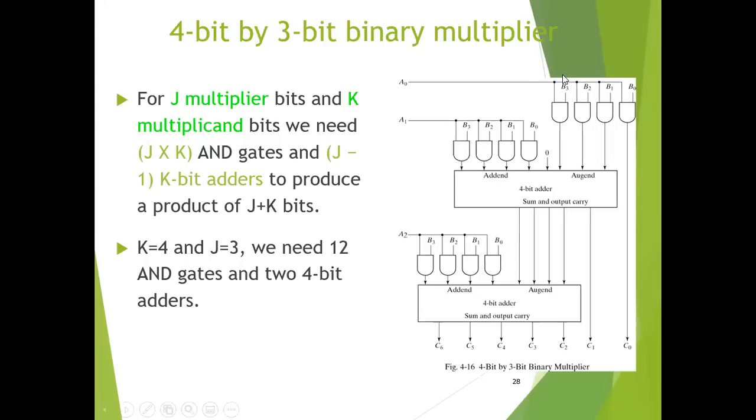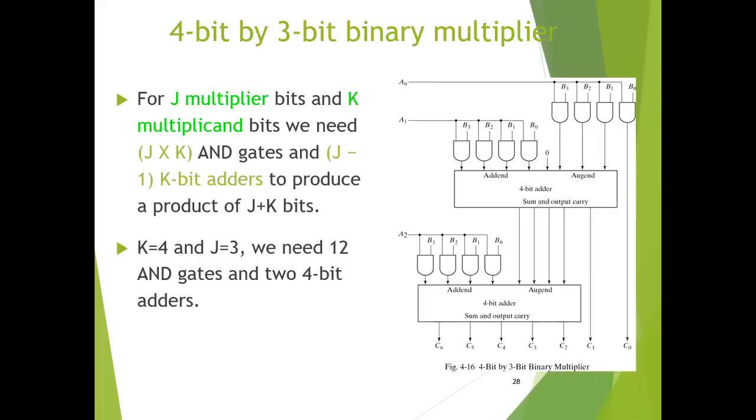The successive bits are multiplied, starting from the least significant bit A0 and moving on to the most significant bit A2, multiplied with the multiplicand bits and multiplier bits, as we can see in this example.